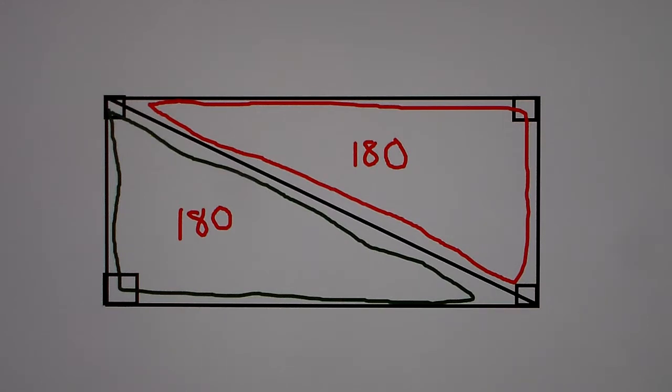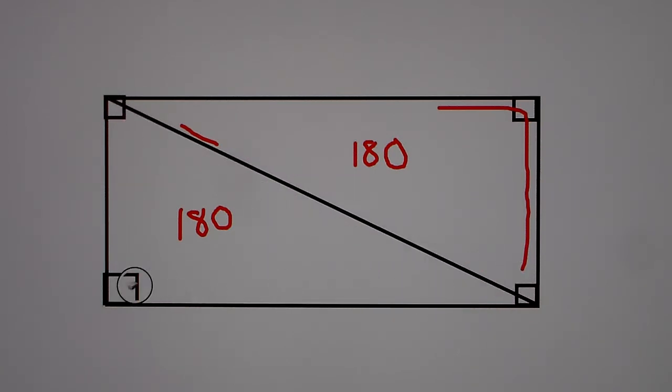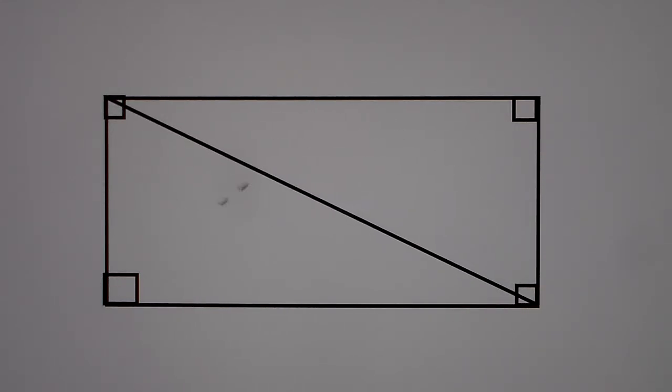In addition, here's another fact that would be a good idea to remember: when you draw that diagonal, we also have parallel lines cut by a transversal with rectangles. Just a reminder, with this diagonal, we know that this angle here in blue is equal to this angle here in blue.